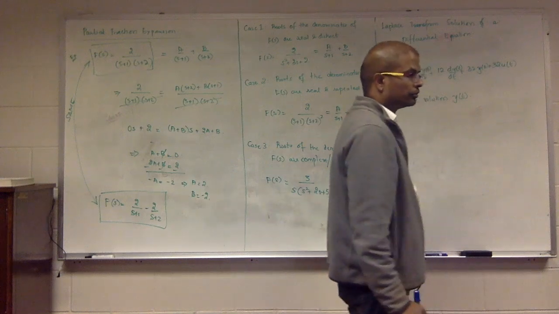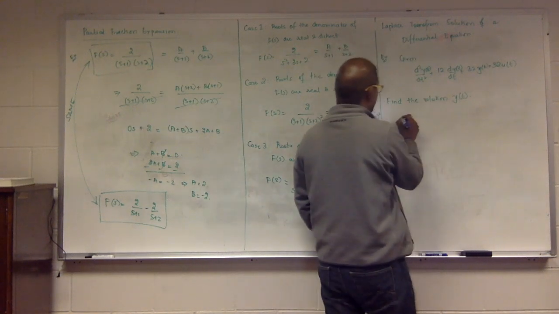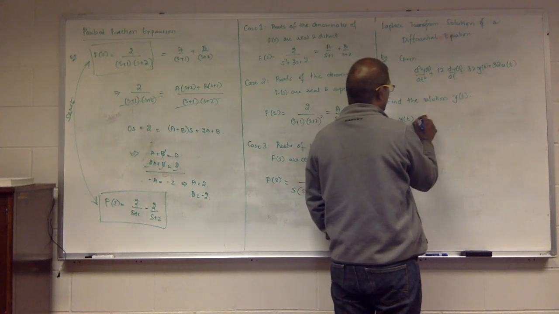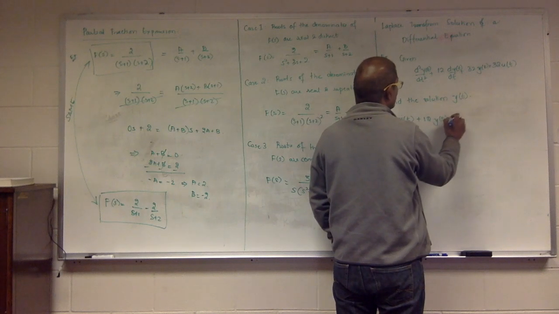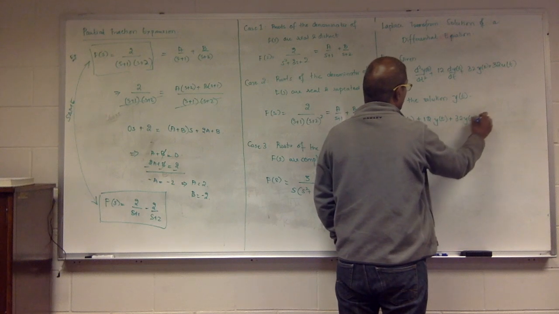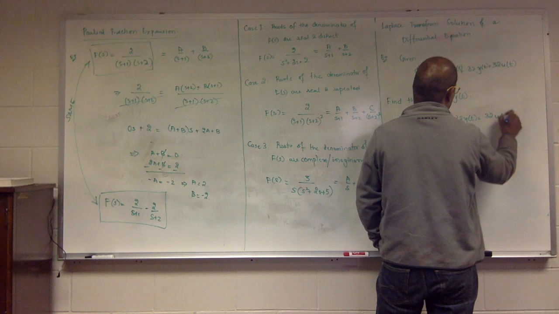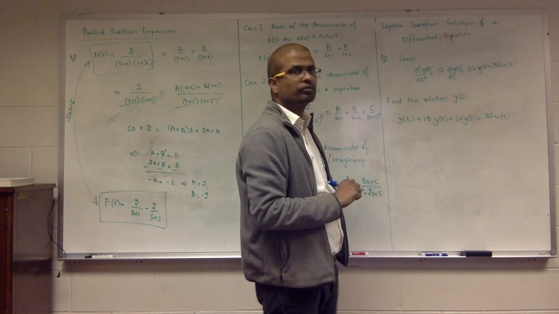Okay. So you can write it as y double dot of t plus 12 y dot of t plus 32 y of t equal to 32 u of t. The same thing. These two.